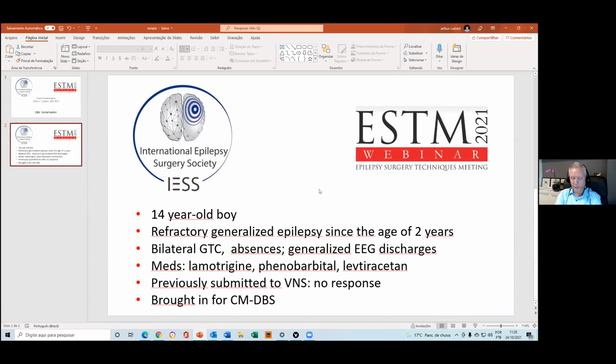That means no valproate. He was previously submitted to vagus nerve stimulation without any response and was brought in for central median DBS.